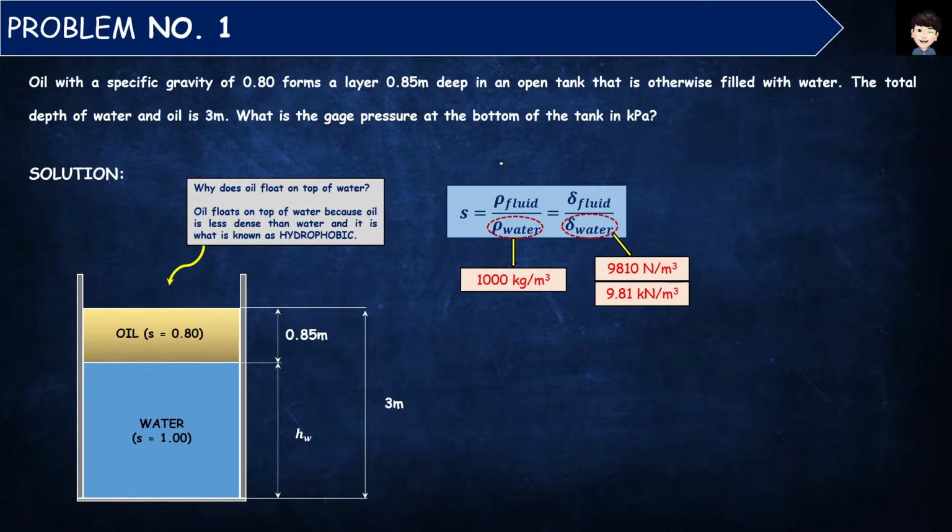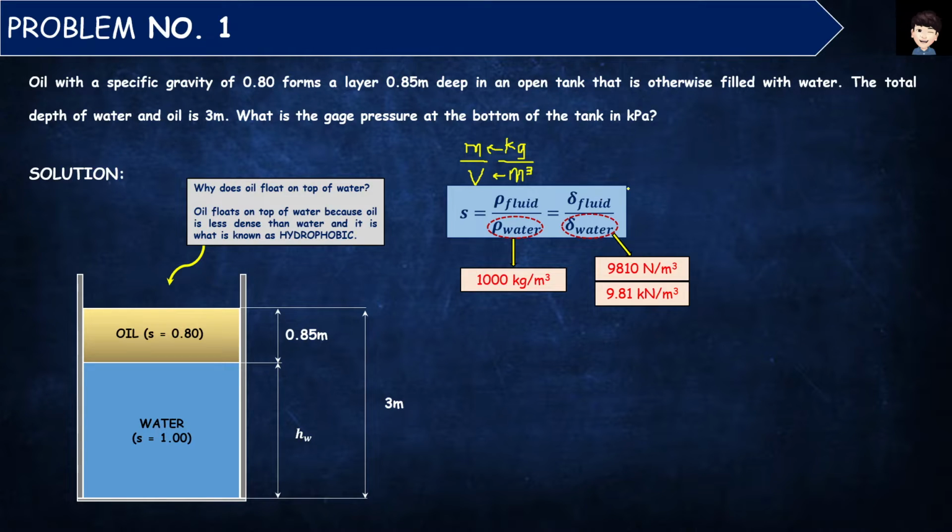So sa density, ang unit ng density ay kilogram per cubic meter. Wherein yung kilogram corresponds to the mass at yung cubic meter corresponds to the volume. That's why yung formula ng density ay mass over volume.